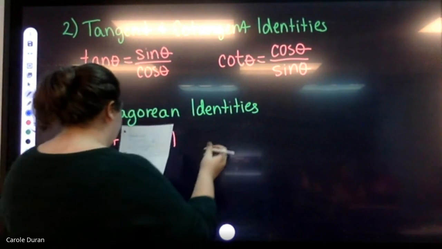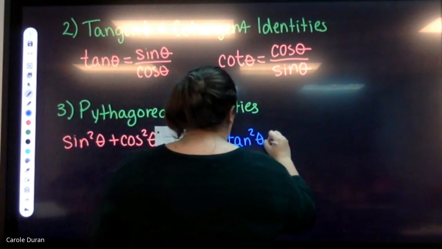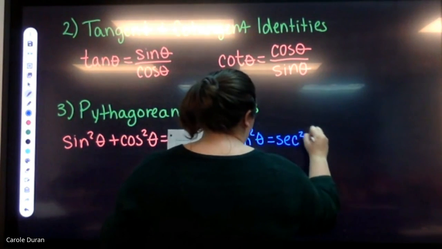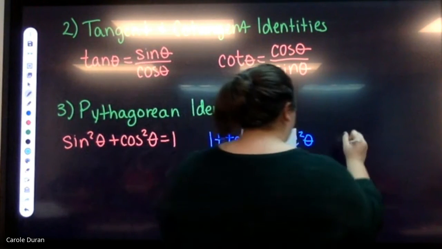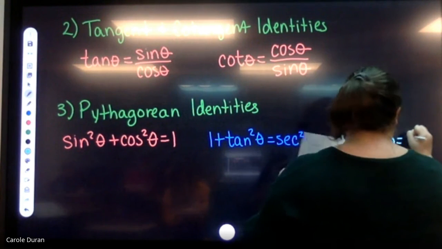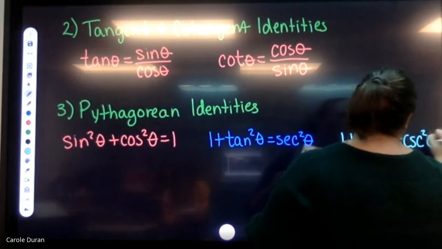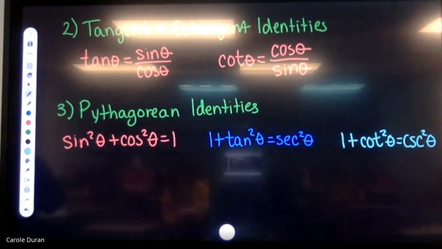My second one is that 1 plus tangent squared theta equals secant squared theta. And then my third one is that 1 plus cotangent squared theta equals cosecant squared theta. So these are your 3 Pythagorean identities.